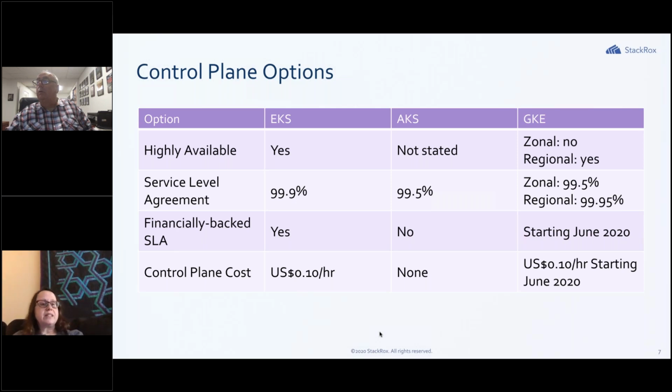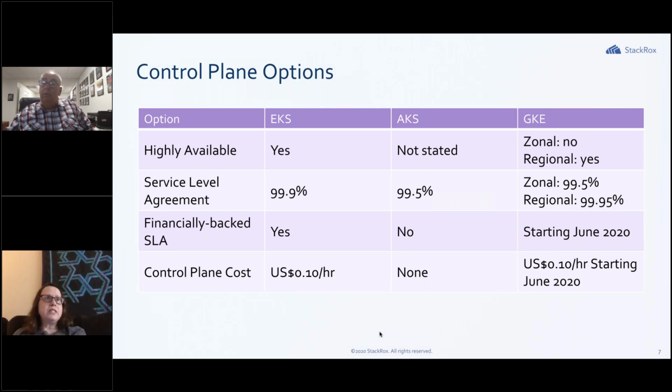Financially backed SLAs. So this is important. The control plane cost is a small part of your cluster cost, especially if you have a large cluster. If you have a cluster with 2 very tiny VMs, which you're probably not using for production, that's going to be a much larger proportion of your cost. But EKS right now is the only one of the 3 that has a financially backed SLA, which means if there is downtime, and you're a paying customer, they will comp you for any downtime.